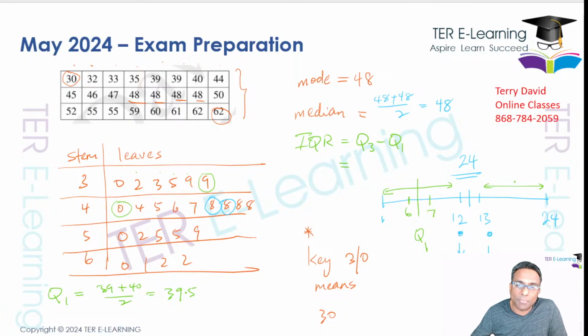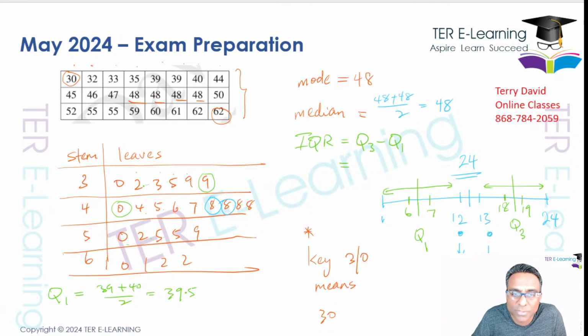If we go to the upper half as well, that's an even number. You have 12 students there, and you want to work out Q3. It means you're looking for your 18th student and your 19th student. So where is that? 1, 2, 3, 4, 5, 6, 7, 8, 9, 10, 11, 12, 13, 14, 15, 16, 17, 18. I lost track already.